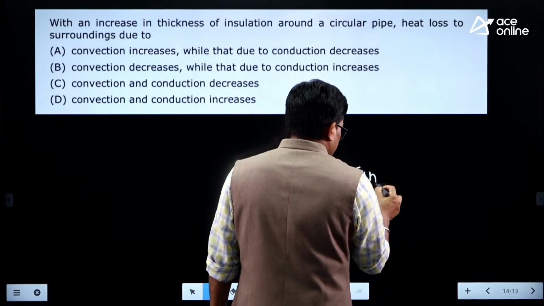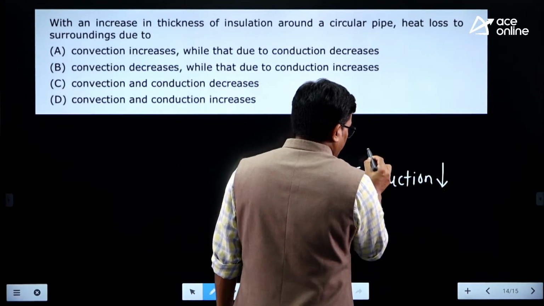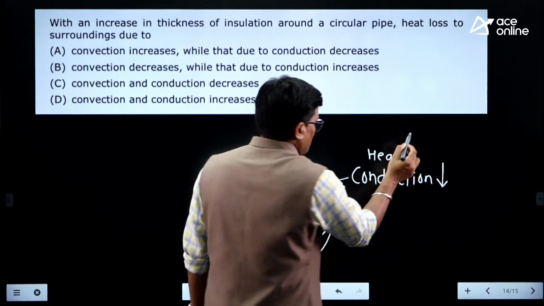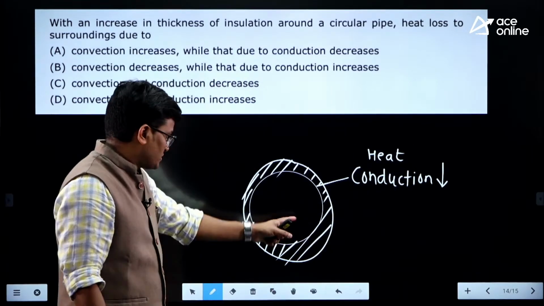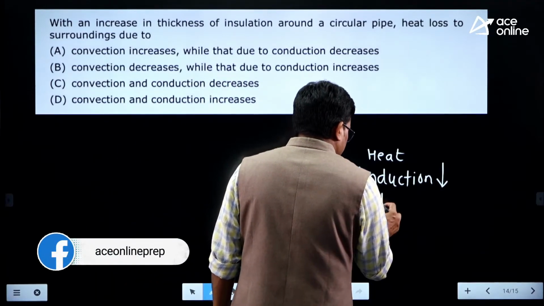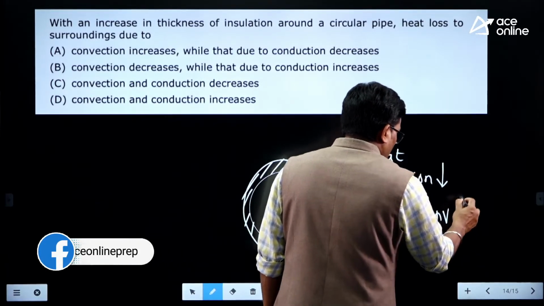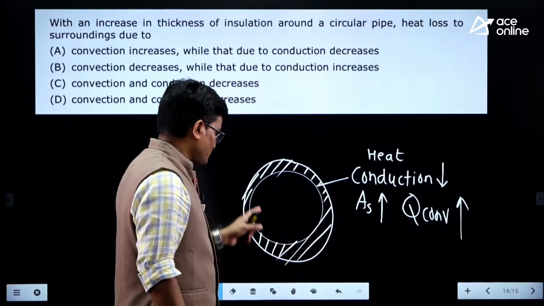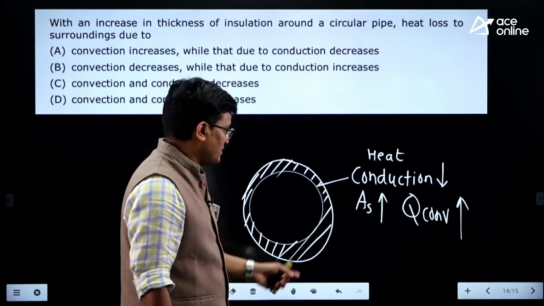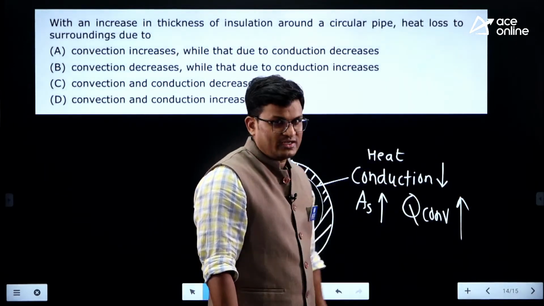So conduction will decrease, heat conduction will decrease because of this insulator, this material. But due to increase in surface area, Q convection will increase because you are insulating from outside. So area increases, convection will increase and conduction will decrease.